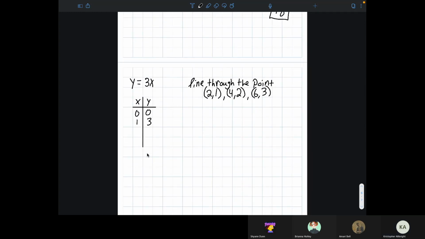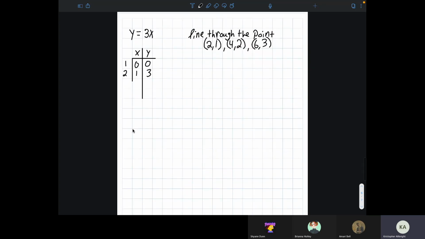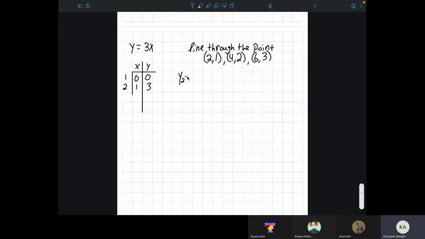So now I'm going to plug the slope formula in right here, which is y2 minus y1 over x2 minus x1. So when we plug this in, we're going to get 3 minus 0 over 1 minus 0, which is going to give us 3 over 1, or 3. So we have a slope of 3 for this one.